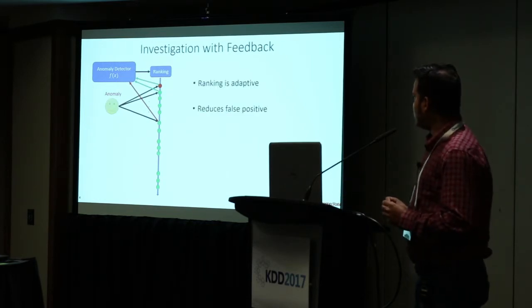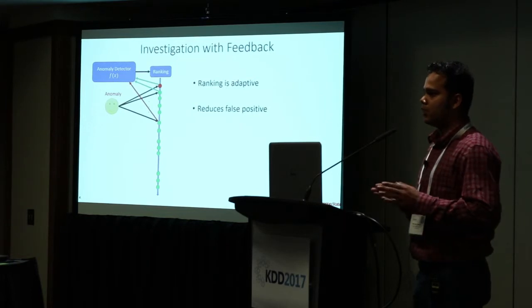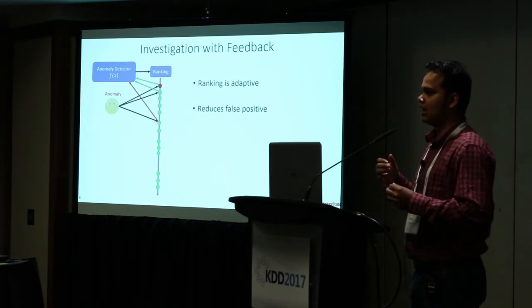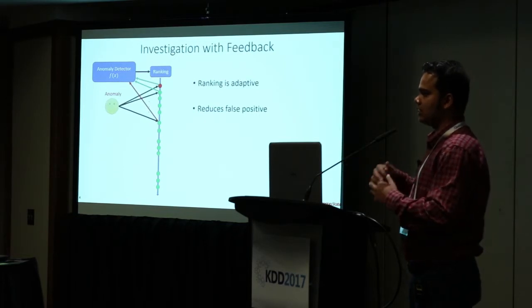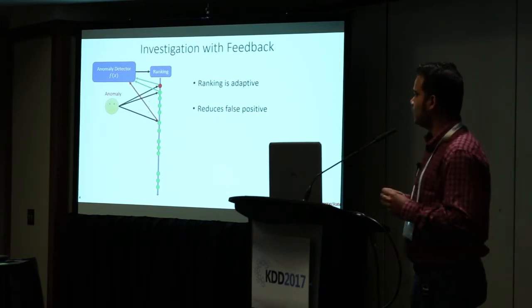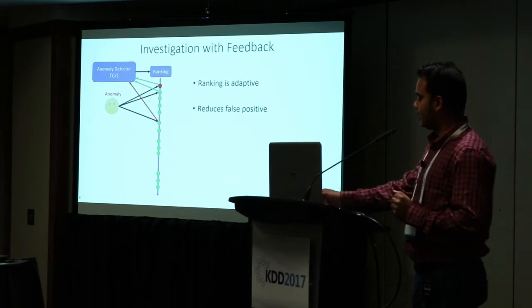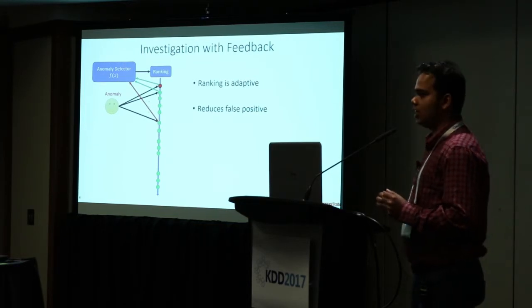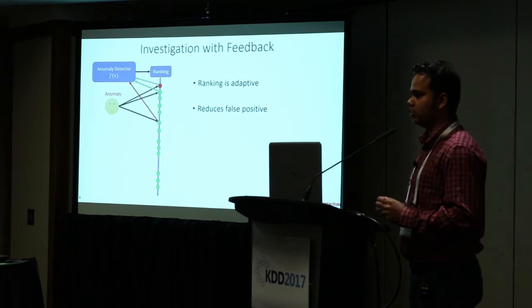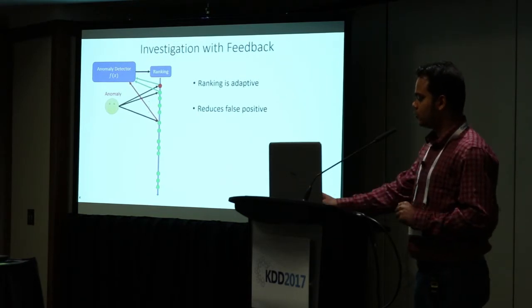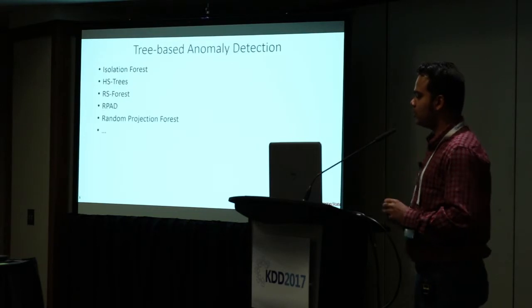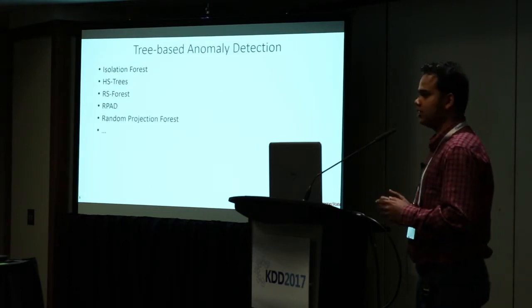The benefit of this approach is that it's adaptive and interactive. The analyst goes through the list of the top instances and gives feedback, and the anomaly detector keeps updating itself. The major benefit is that it reduces the number of false positives. There are lots of different types of anomaly detectors, and in this work, we mainly focus on tree-based anomaly detectors.